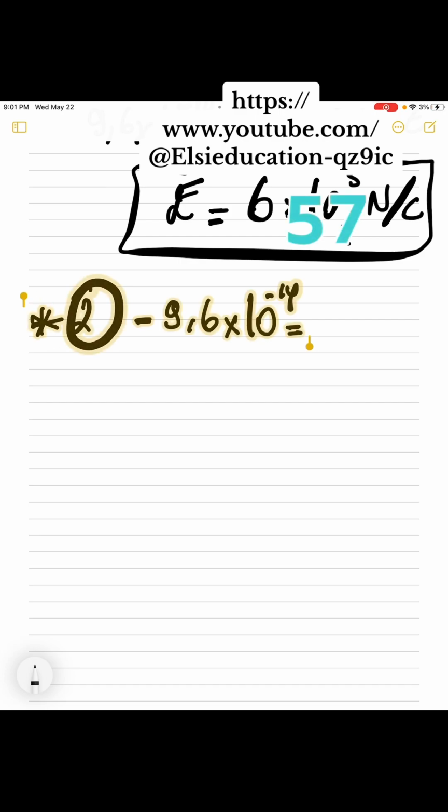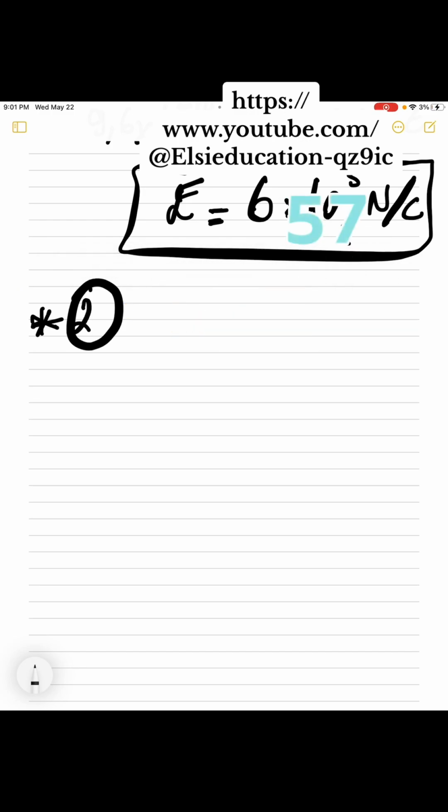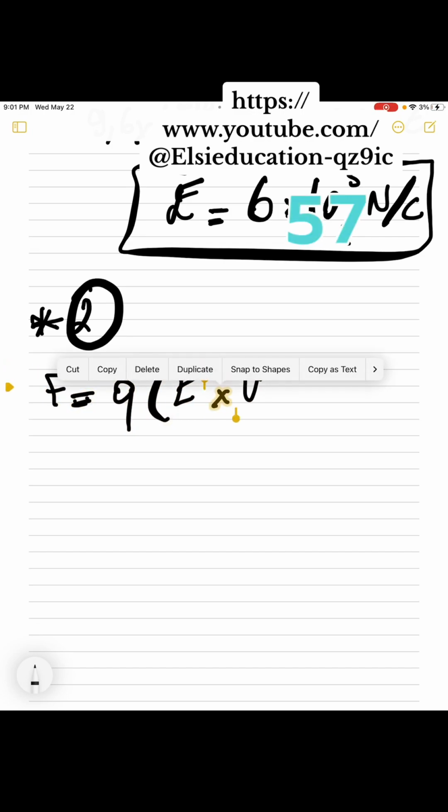Okay, hold on, I'm going to write down the formula. The formula used for the second part is force equal to charge times the electric field plus the speed multiplied by the magnetic field.